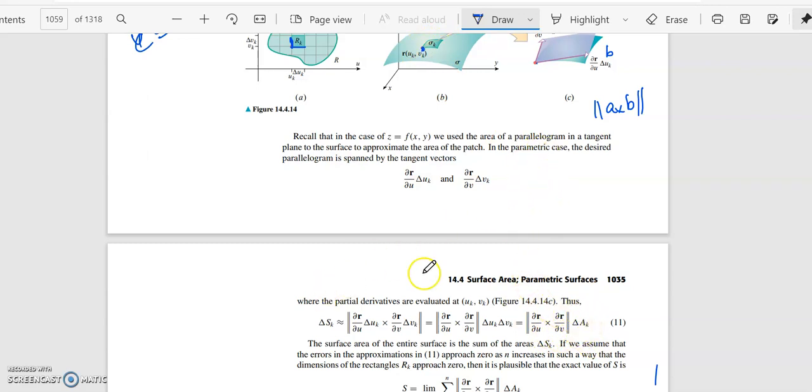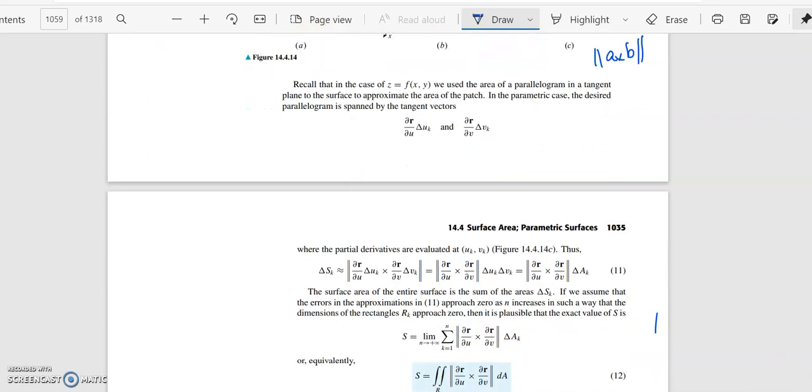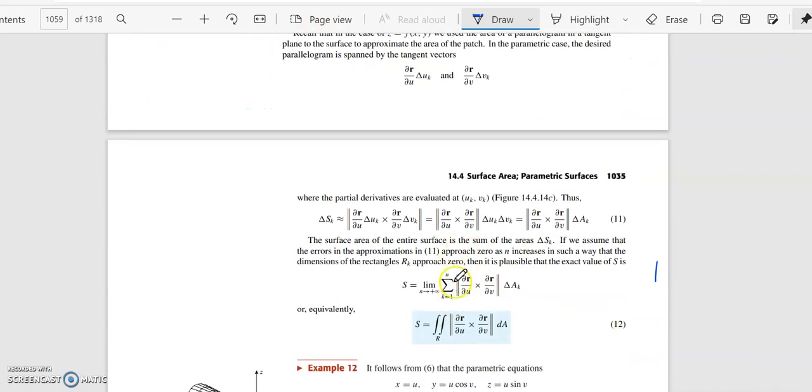Now taking the summation, by adding up all the areas, we get the limit as n tends to infinity of the summation from k equals 1 to n of all these areas. That can be generalized as an integral. Therefore the surface area of the given surface will be the double integral over R of the norm of Ru cross Rv dA.